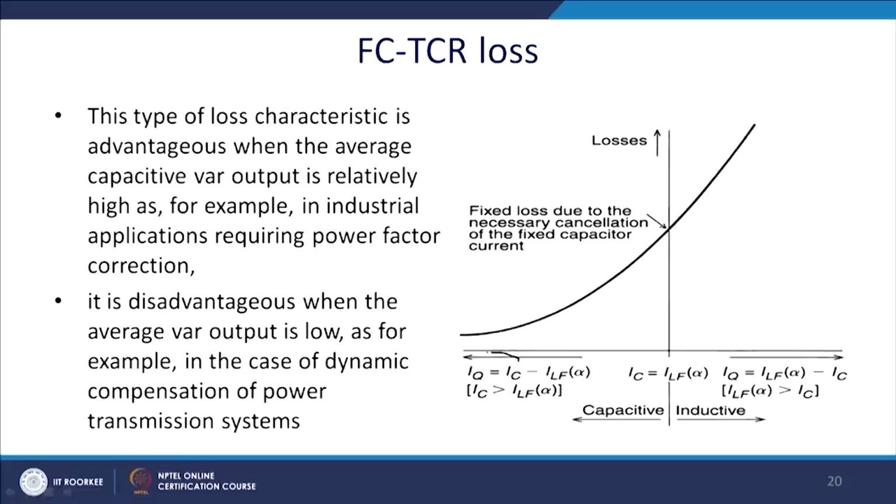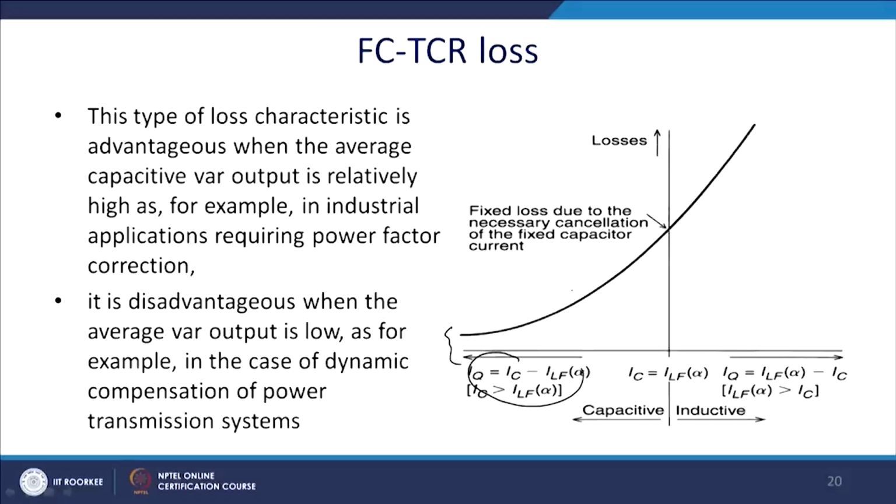So, here these are fixed losses, where it is not compensating, almost no inductive current flows. As inductive current peaks, there will be losses because the value of the inductive current will increase.